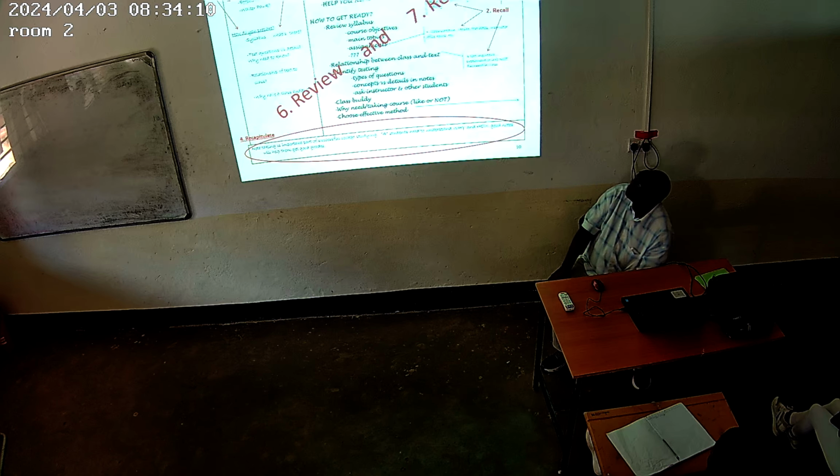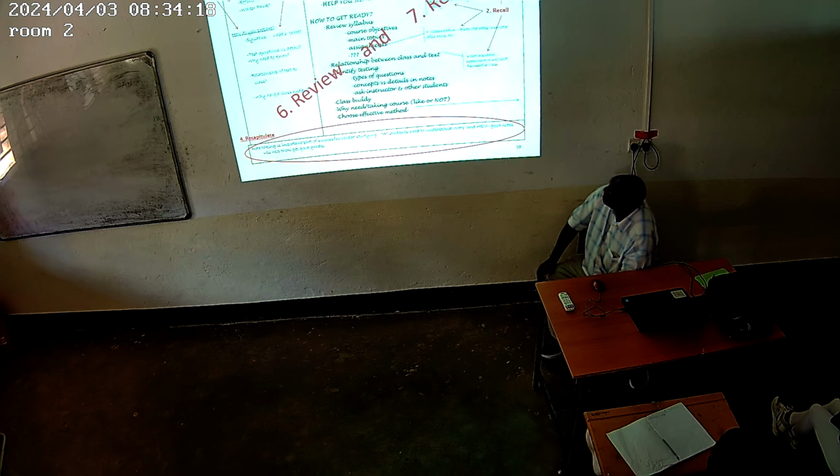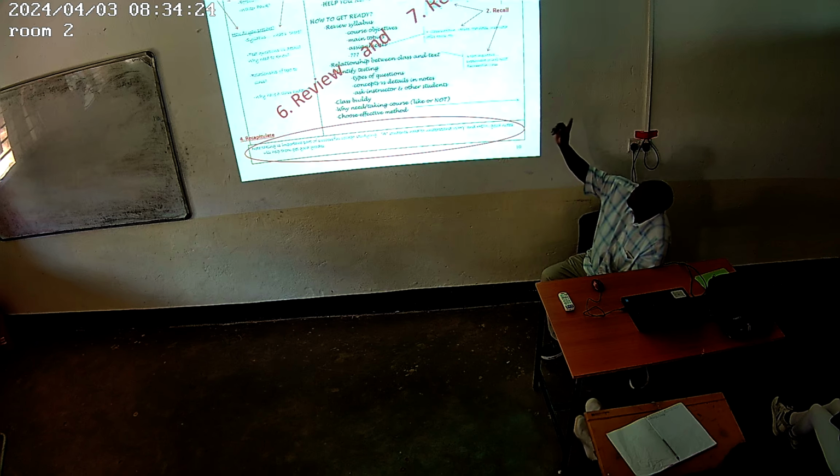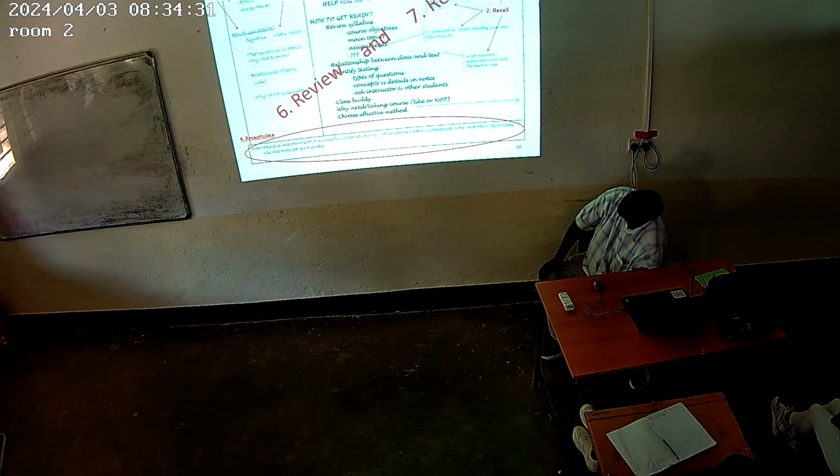So the red lines there show you what is happening there. The first red line points to you recording why you have to take notes.